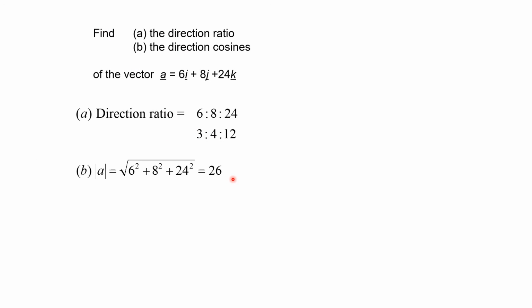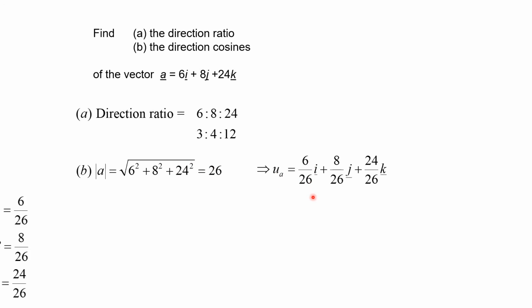And in order to determine the direction cosines, you need to find the magnitude of the vector. So it's 6 squared plus 8 squared plus 24 squared, which gives 26. You also need the unit vector. The unit vector would simply be each component over the magnitude: x being 6 over 26 multiplied by i, 8 over 26 respectively, and 24 over 26.